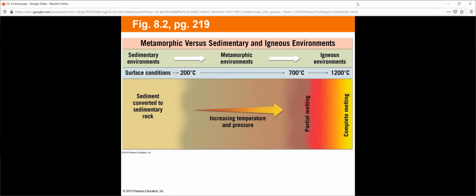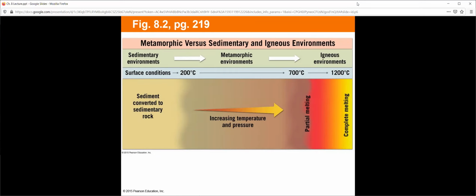Here is a very well-known chart explaining this process. Sedimentary rocks are your surface conditions. This is where sediment converts, glues together, lithifies in some way to form sandstones, shales, limestones, what have you. As the temperature and pressure increase, you transition across a barrier separating a sedimentary environment from a metamorphic environment.